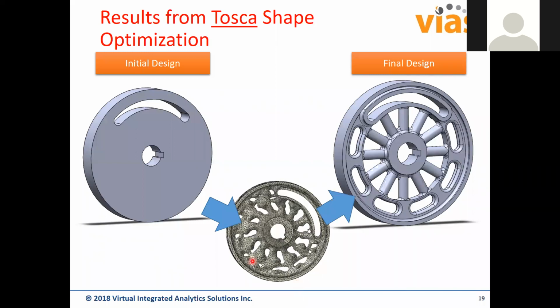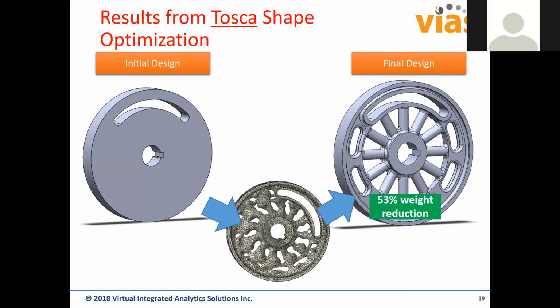You can see that these grooves are unaffected because you defined these to be outside of your design envelope, and you can see that there's a trend that is developed. And so you can go back to your CAD solution and redesign your pulley or your gear to look like this, and do a quick revalidation and make sure that it is actually meeting your design requirements.